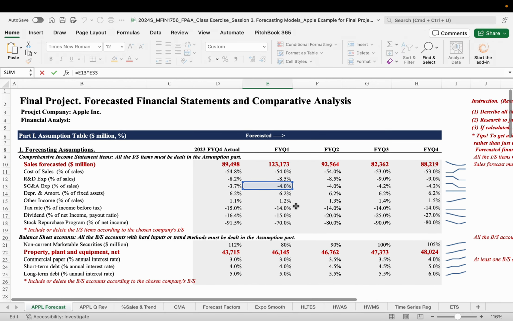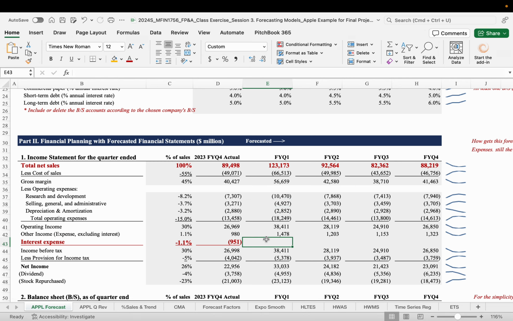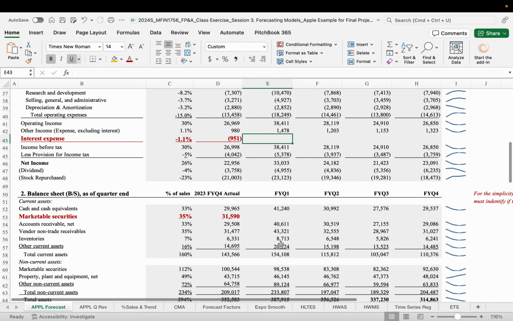And then the interest expense here in the forecasted quarter 1, 2, 3, 4. Here now we need to be a little more cautious to get this interest expense, because the interest expense here is not on a yearly basis, it's not the annual interest rate, but the quarterly interest rate, right?